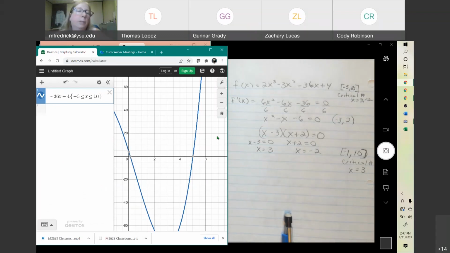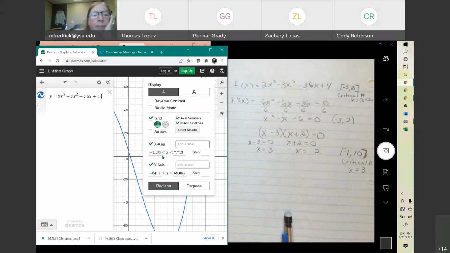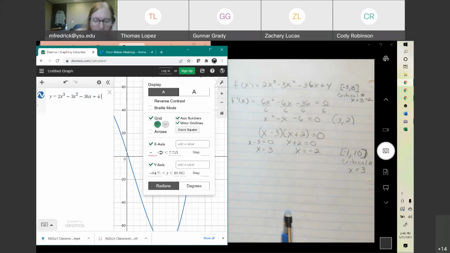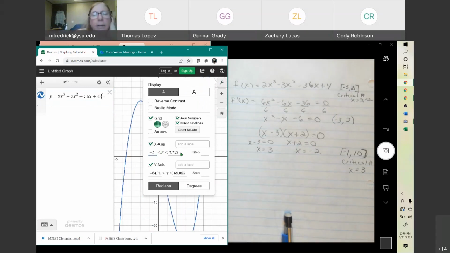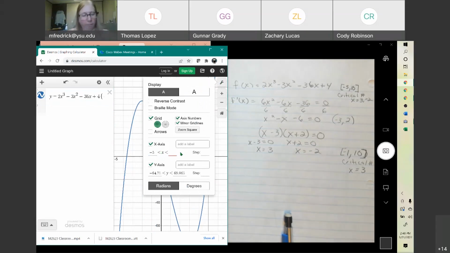Is it -2? Oh, it cut off a lot. I don't know why it did that. I'm going to go over here and put it in. So x is from -5 to 10.